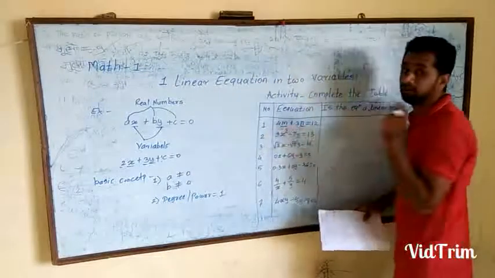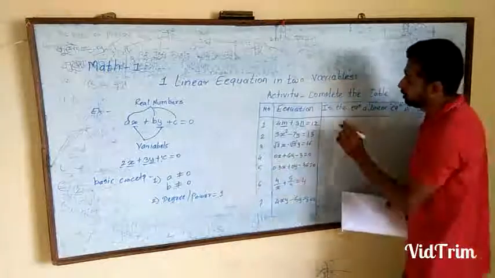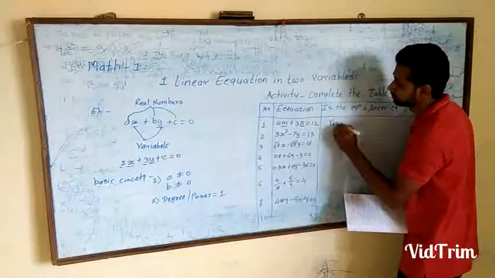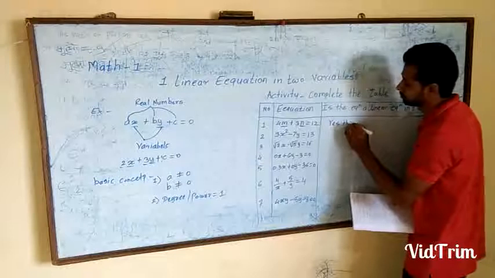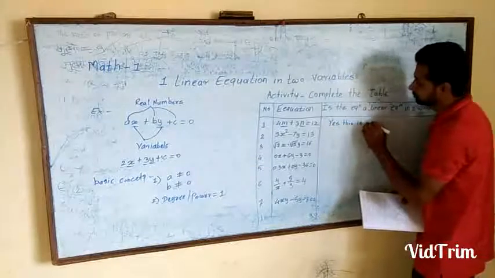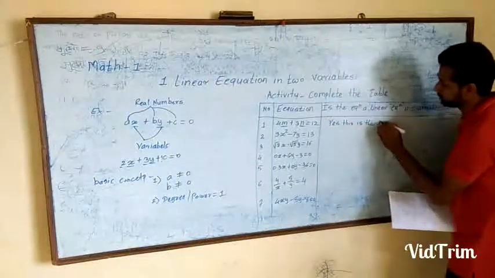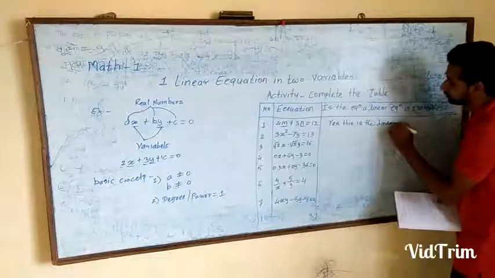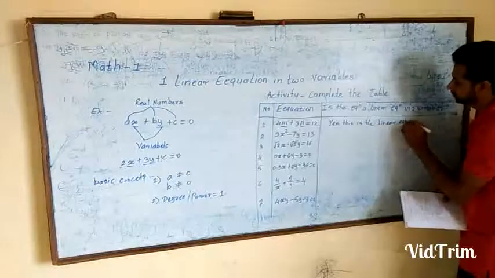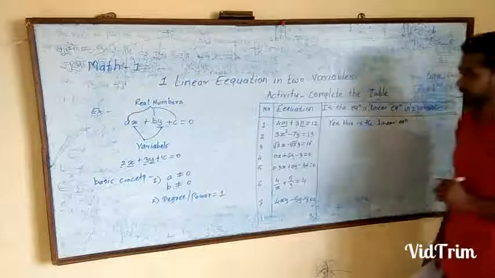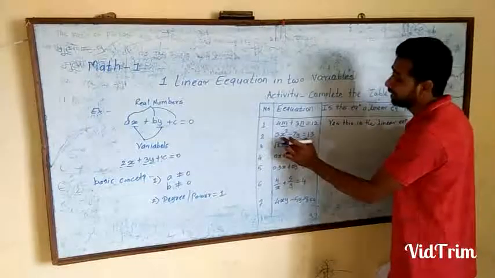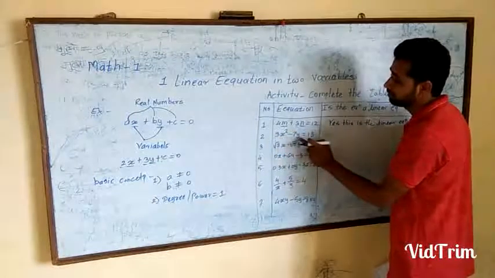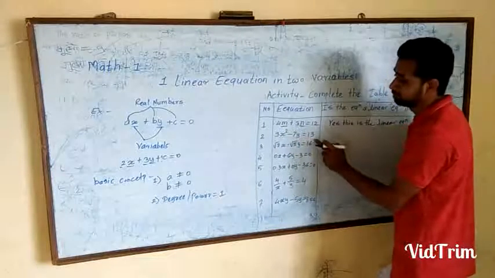Degree and power या variable ची 1 आहे. So yes, this is the linear equation.